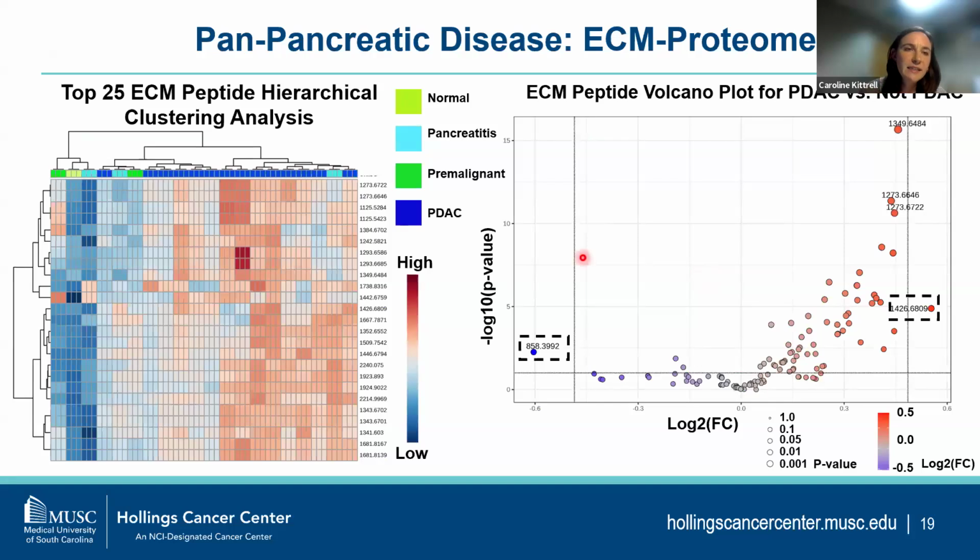So now looking at the ECM proteome, you can see all of our PDAC clustering together, and we see that with increased disease severity, so more PDAC, we get higher relative expression levels of these different ECM peptides. We also have this one group of pancreatitis that's at the higher end of our ECM expression.